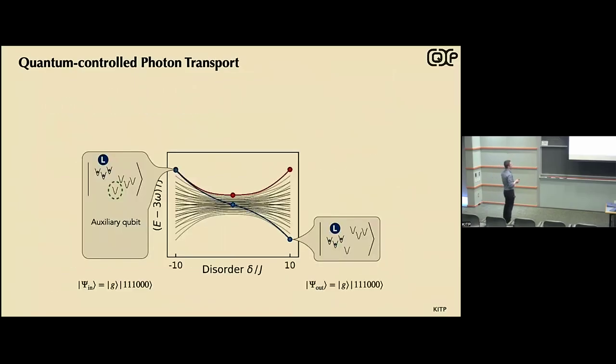So this is the protocol. Again, we're going to pi pulse our qubits in the disordered regime and put them on the left-hand side. Then we're not going to adiabatically move them to all the qubits being on resonance, but to this transistor configuration, where the middle lattice site is detuned by its interaction energy, U, the anharmonicity.